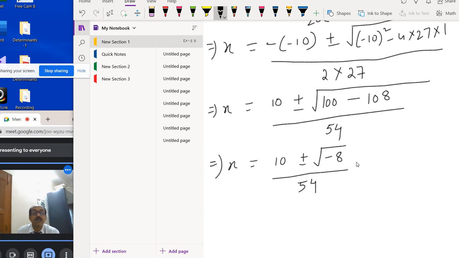Okay, so equal to 10 plus minus root 8 means 4 root into i, 2 root 2. Yes, sir, you can write 4 into 2, that is 2 root 2 i, divided by 54.